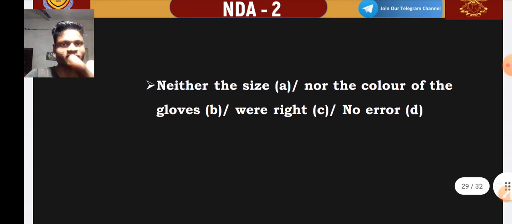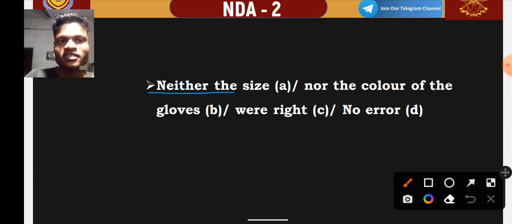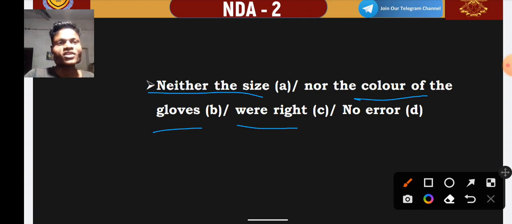And here is an example: neither the size nor the color of the gloves were right. What I am saying is, when two subjects are connected with neither nor, either or, not only but also, then you have to use the verb according to the second, nearest subject.